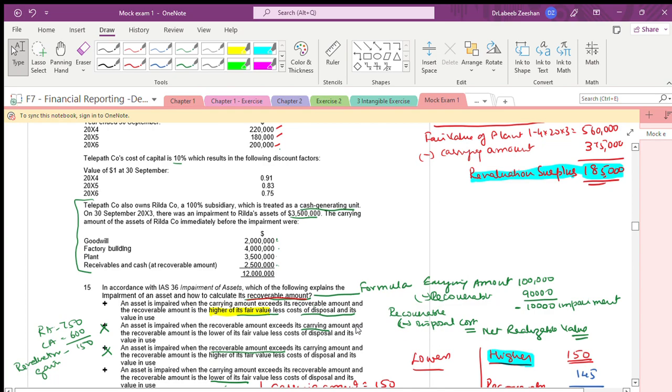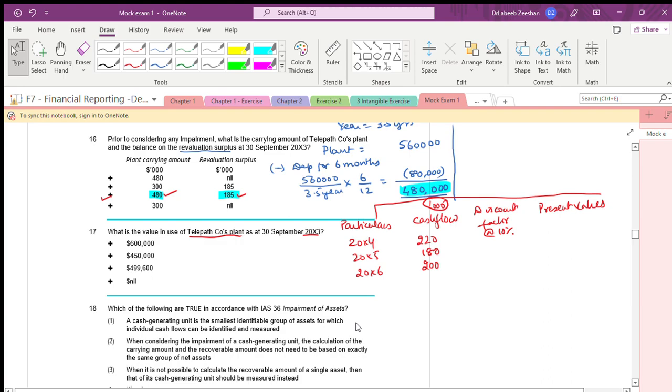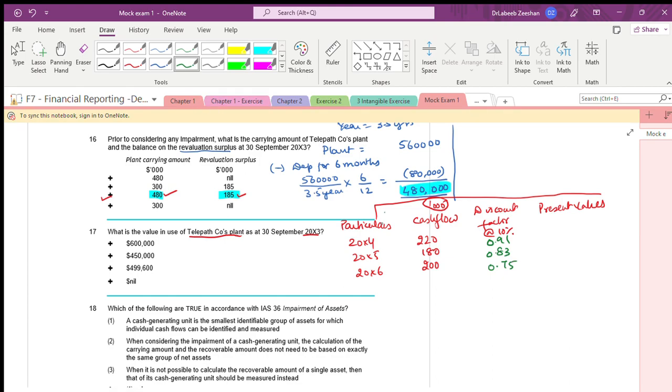The discount factors are 0.91, 0.83, 0.75. Column 1, column 2, column 3, column 4 equal to 2 times 3.